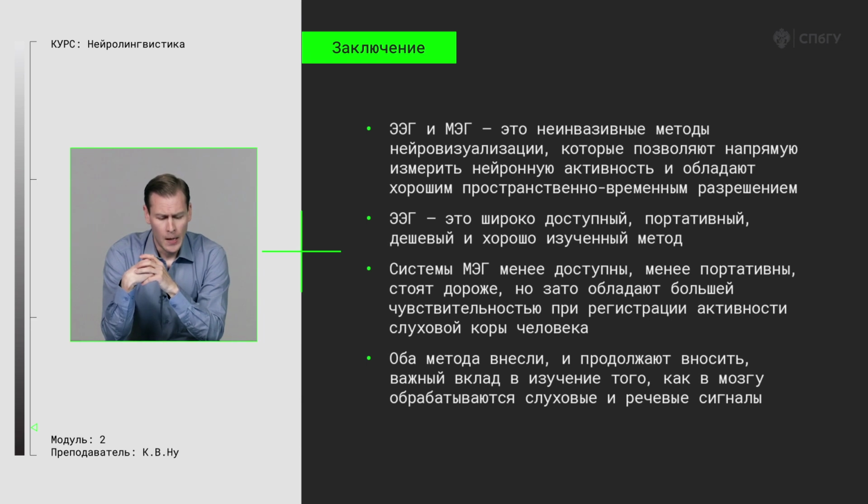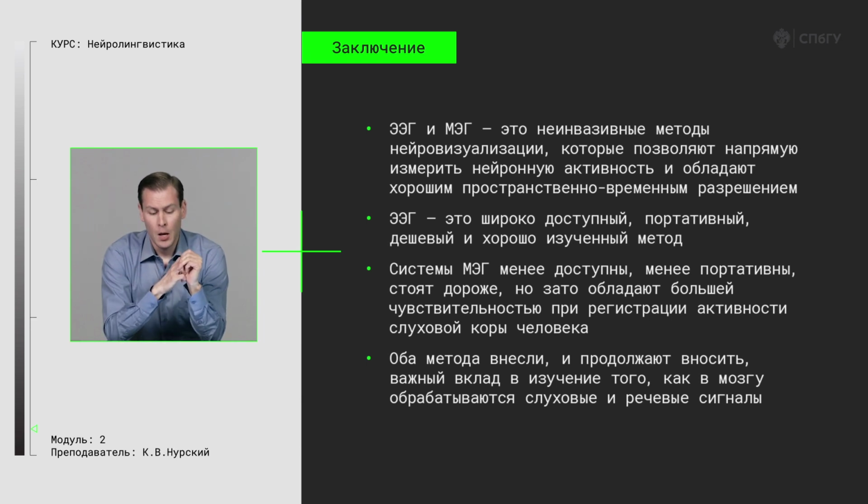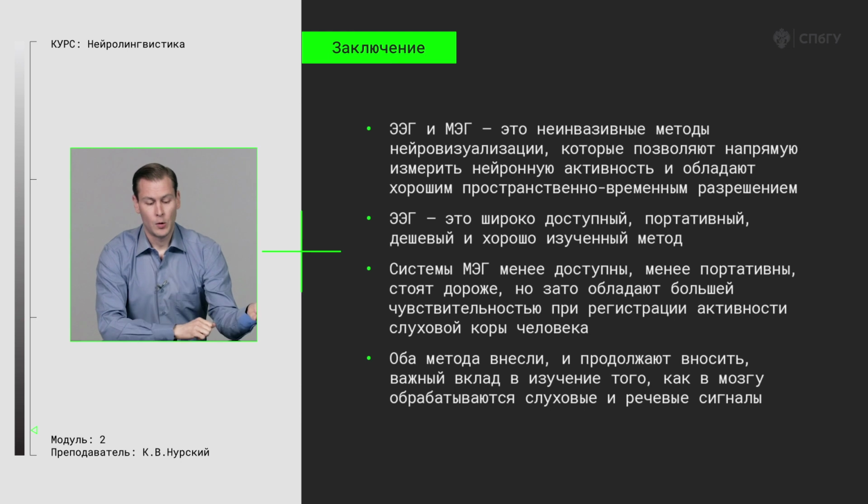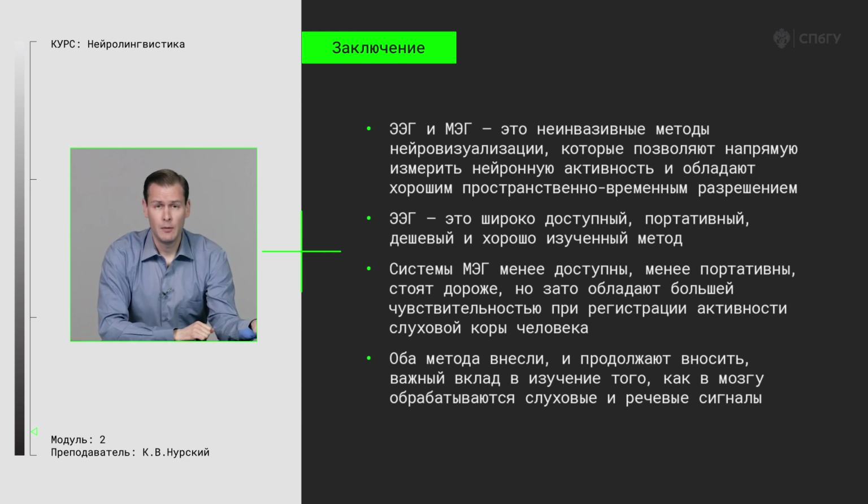In conclusion, EEG and MEG are non-invasive brain methods that offer a direct measure of neural activity with good spatiotemporal resolution. To compare EEG and MEG, the EEG is a widely available, portable, relatively inexpensive, and well-understood method.